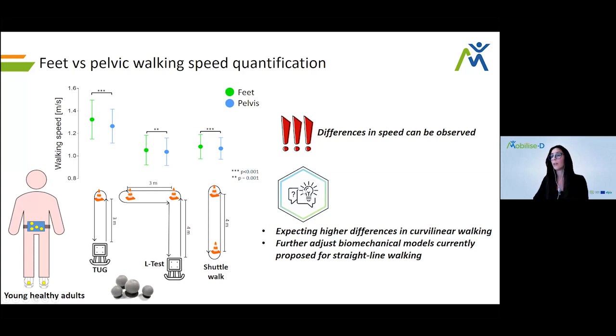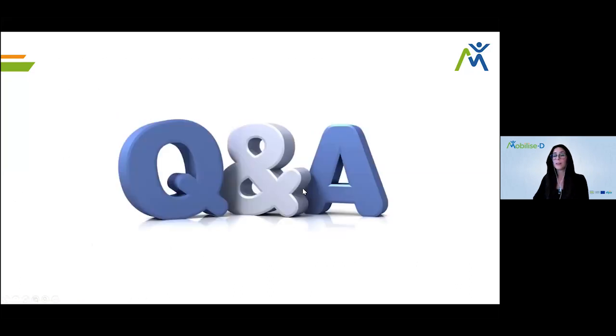And in general, we can use this information to study the curvilinear motion per se. And hopefully we are going to present these results at an international conference this summer. So now I'm happy to take any questions, both for my presentation and Kirsi's presentation as well.